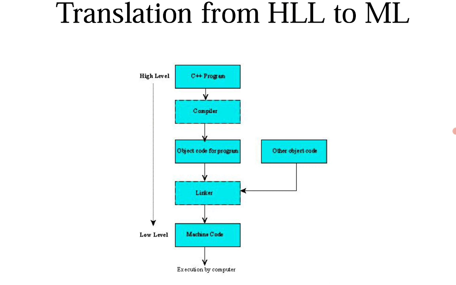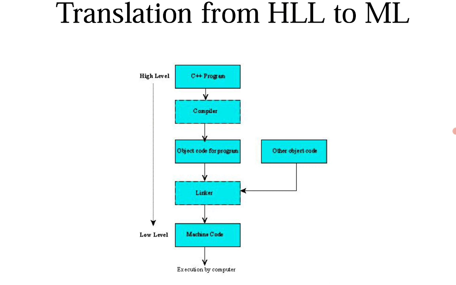After creating or entering the program in any high level language, we may compile it, that is, translate the source code. What is source code? The program written in any high level language is called source code.